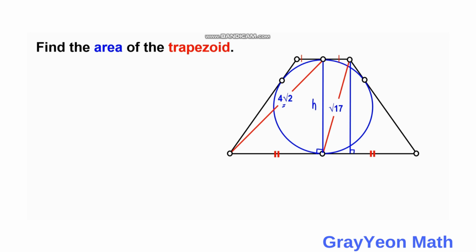Okay, so next we notice these segments that are tangent to the circle. So for this length, we can call this A, and this is also A, because this point at the middle is their common intersection and they are both tangents, so they have the same measure.